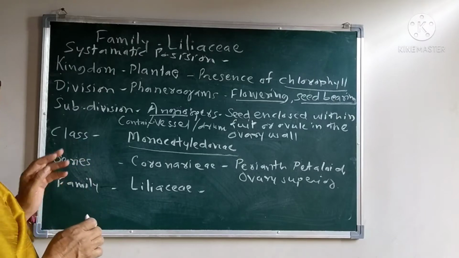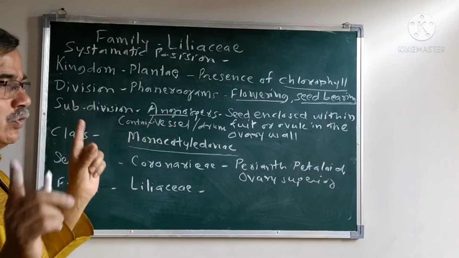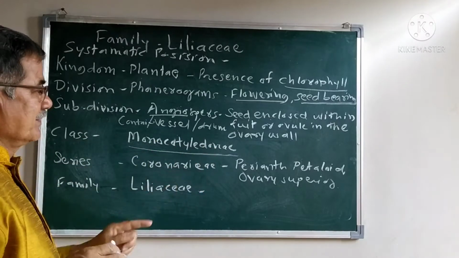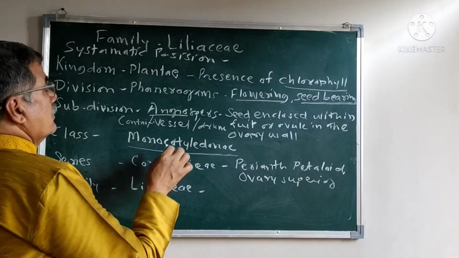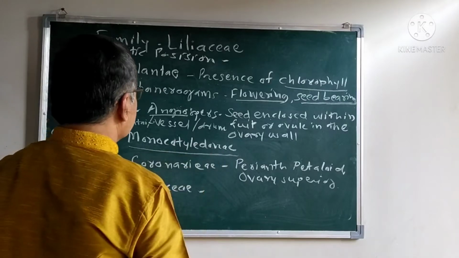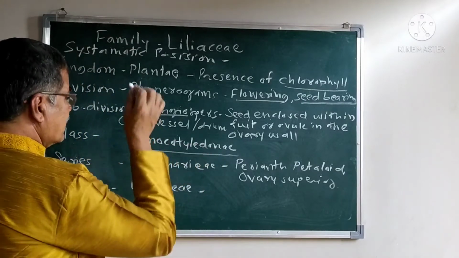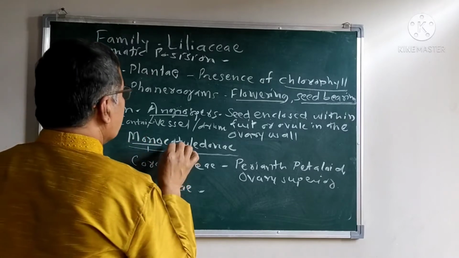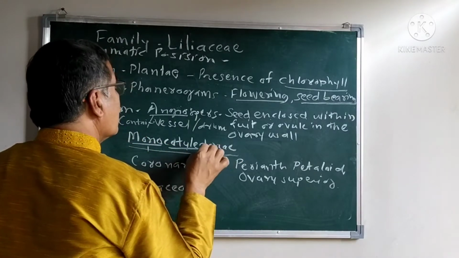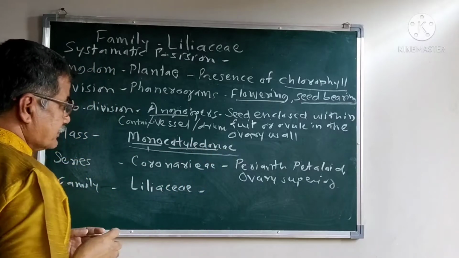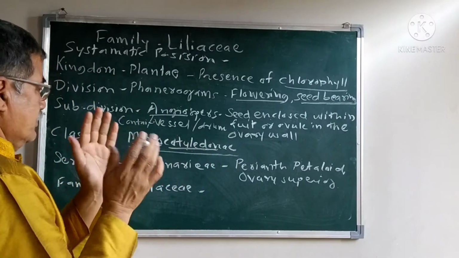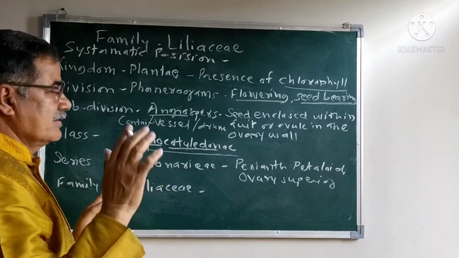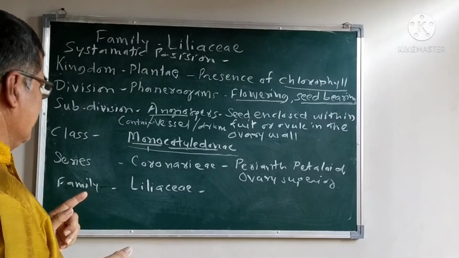The class angiospermae is divided into two main groups, dicotyledoni and monocotyledoni. Here, in these monocotyledoni plants, mono means one. Cotyledon means seed leaf. The seed bears one cotyledon.